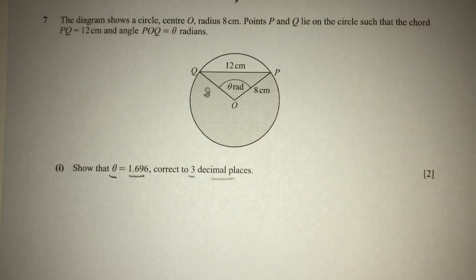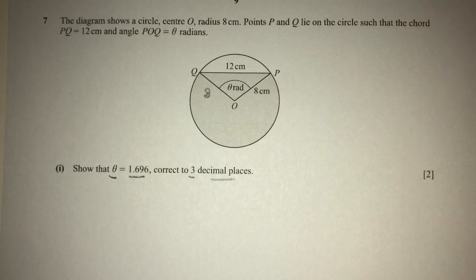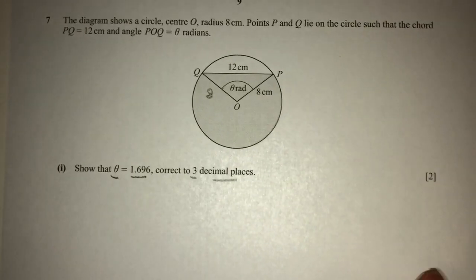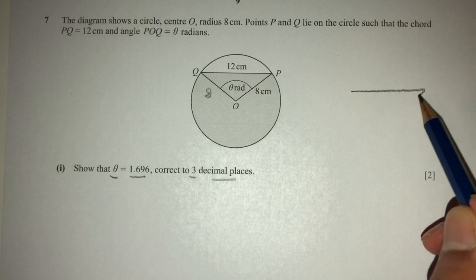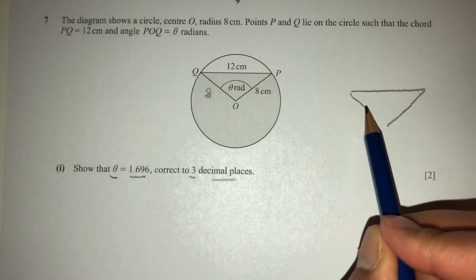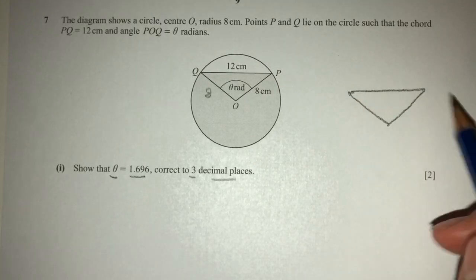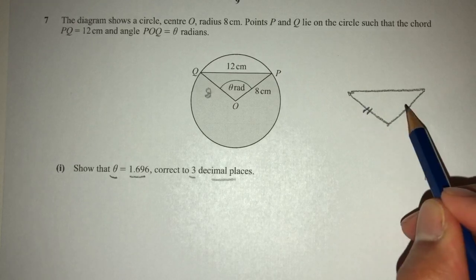Okay, so how do you find the value of theta? According to this information given to you, we can derive something. Let's find out. So you're given this triangle here, right? As you can see, this is the same.